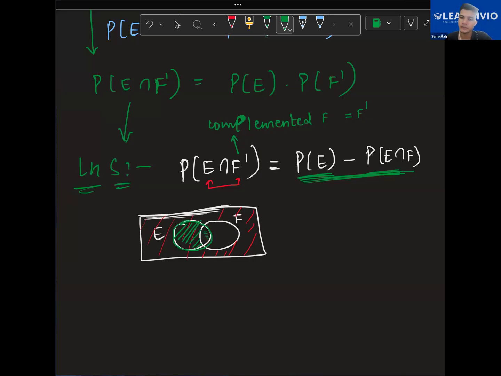Okay, so probability of E, we are subtracting the probability of the F part from the E part. जो F part वो कब आएगा, जब हम इंटरसेक्शन वाला पार्ट लेते हैं, तभी यहाँ पे मैं इंटरसेक्शन लूंगा in this Venn diagram. This is only possible when I take this part, है ना, तभी मेरे पास F का कुछ एरिया आएगा. But to remove this, I subtract this intersection part. So I'm only having this E part. ठीक है, so this is the direct formula. So I will use this formula in this.